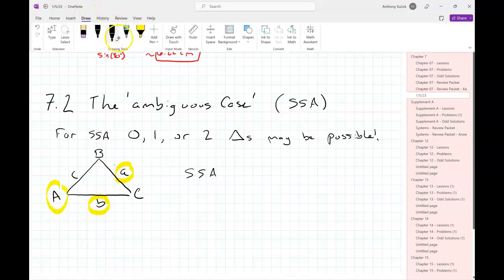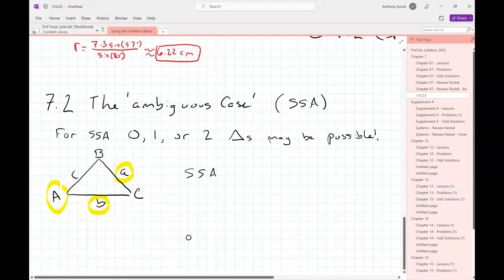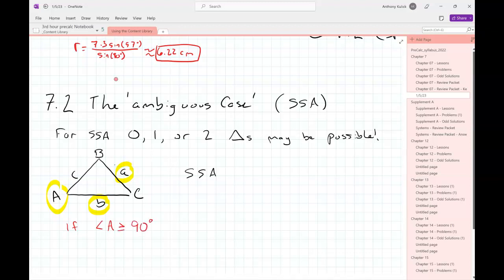Still SSA. All right. So if my angle A is not acute, then we have three situations that could be going on with AC and BC.